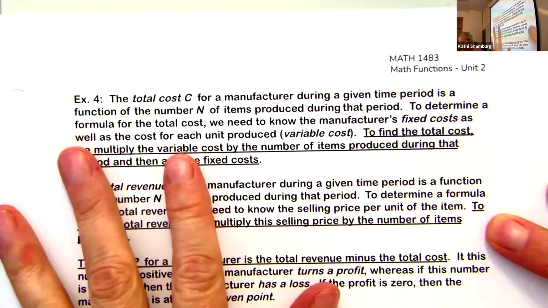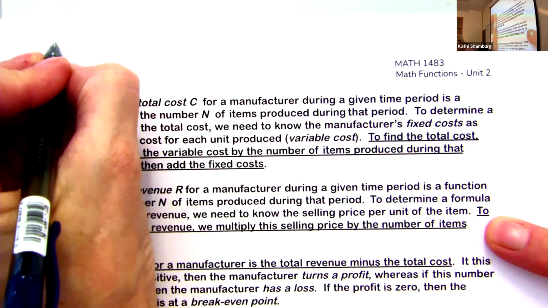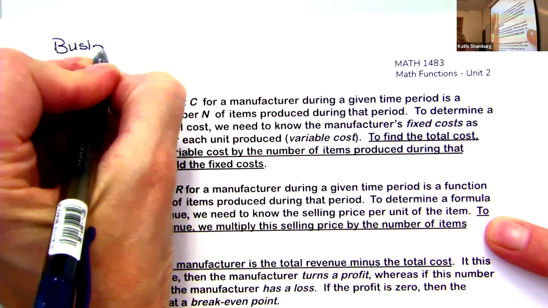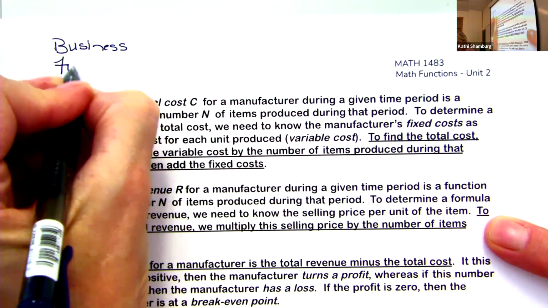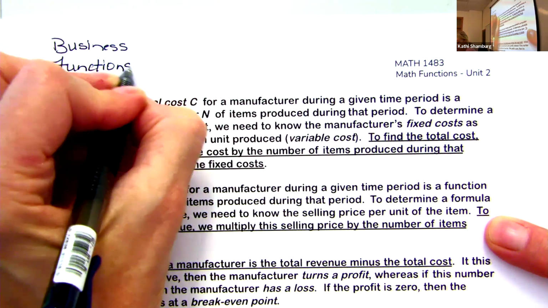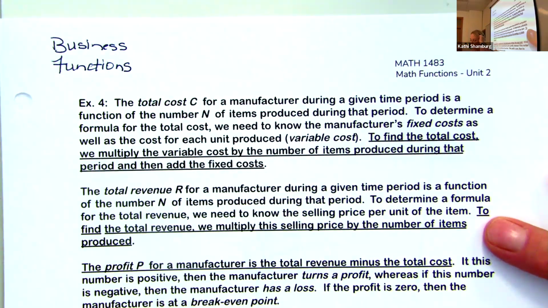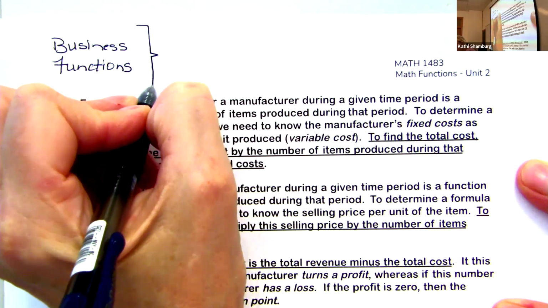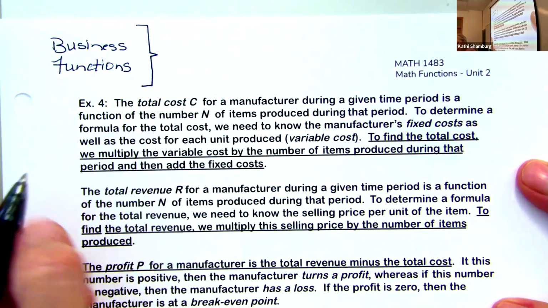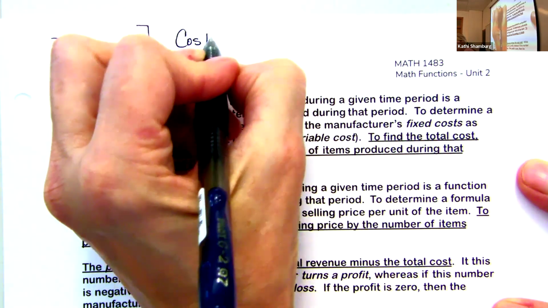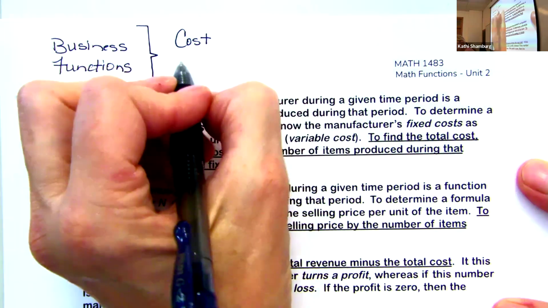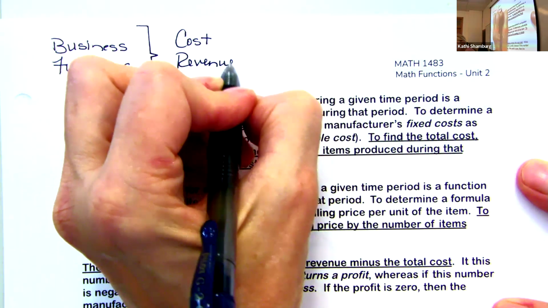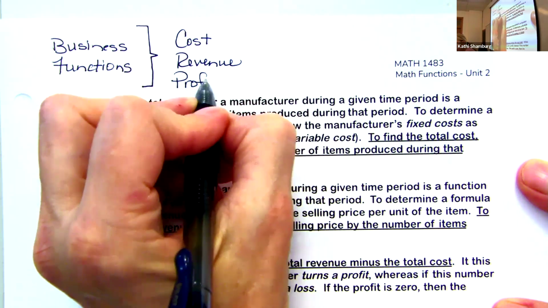All right. Now, several times throughout the semester, we will deal with what I term business functions. We've kind of hit on them a little bit already on the test we just took. There are 3 specific functions that we look at: cost functions, revenue functions, and profit functions.